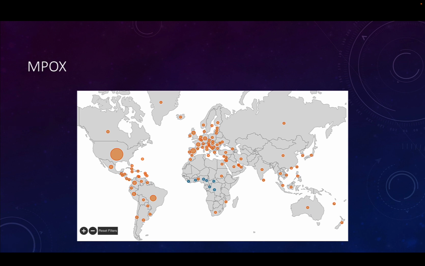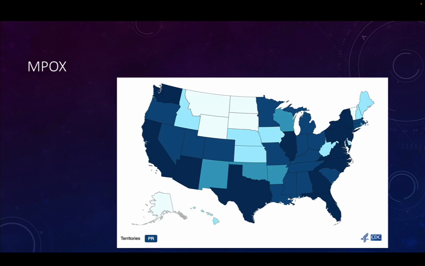So all of the countries in orange have never had Mpox cases like this before. Mpox, again, endemic to kind of Western Africa, but it has now spread across the globe. In the US, Mpox has been found in every state and territory. The darker the shade of blue, the more cases. As you might imagine, some of our more populous states have more cases.